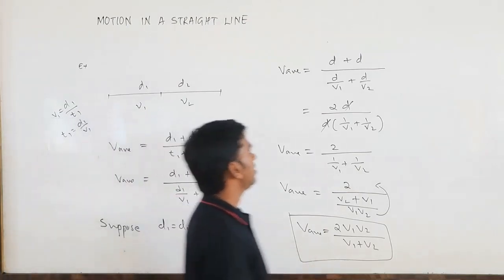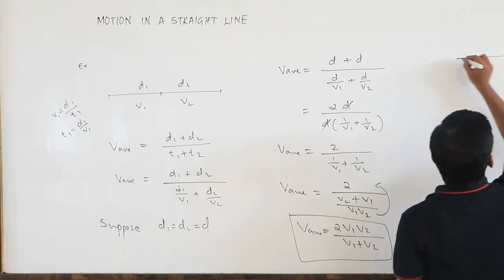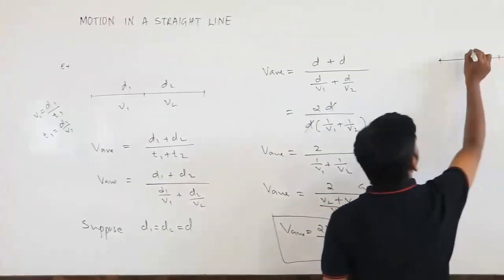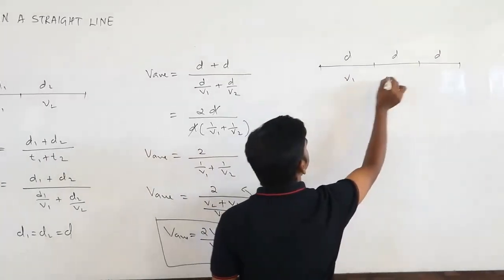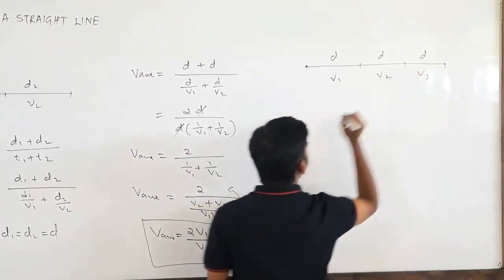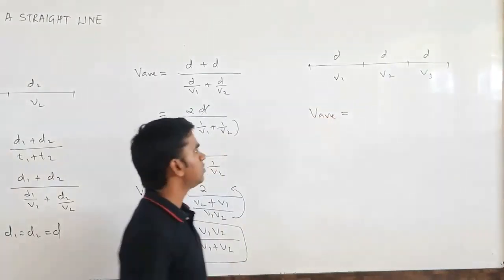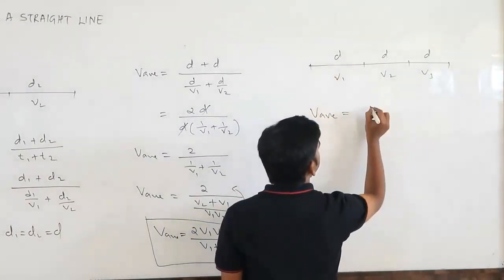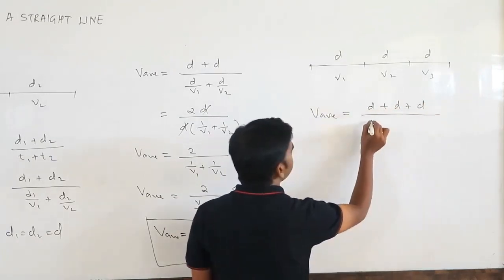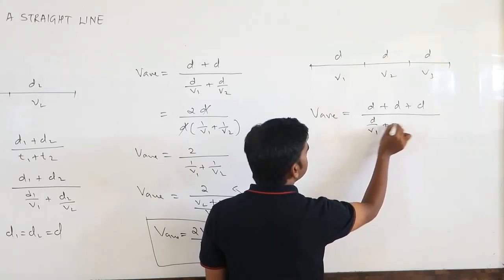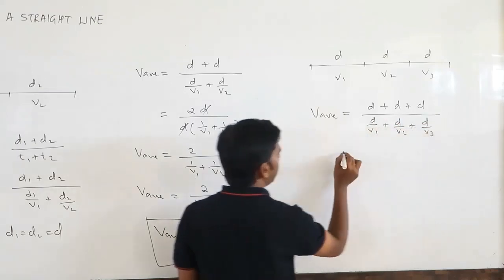Or suppose there are 3. This is also D, this is also D, this is also D. And here it is V1, V2, V3. So how can you write V average? D plus D plus D whole divided by D by V1 plus D by V2 plus D by V3.